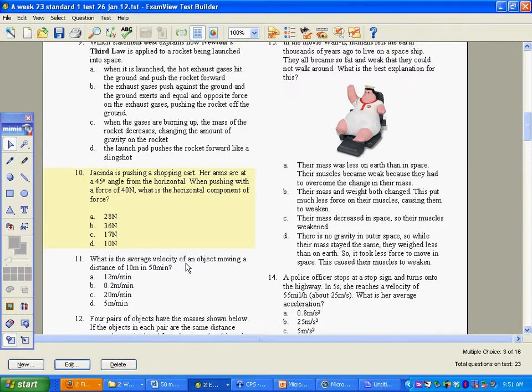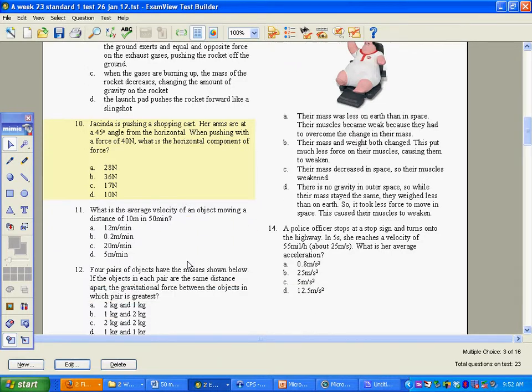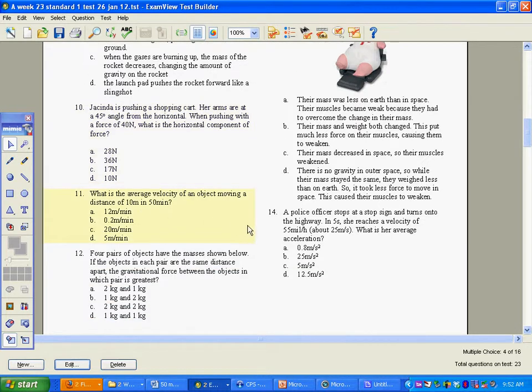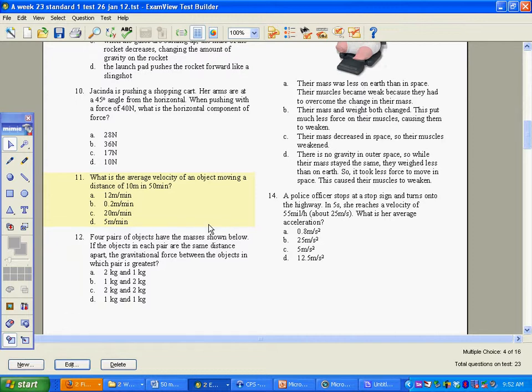Okay, number 11. What is the average velocity of an object moving 10 meters in 50 minutes? Again, this is absolutely nothing but a super simple physical science problem.